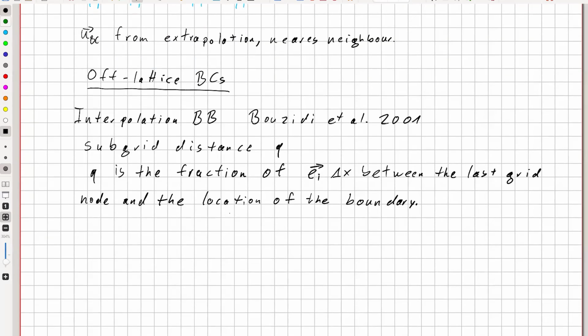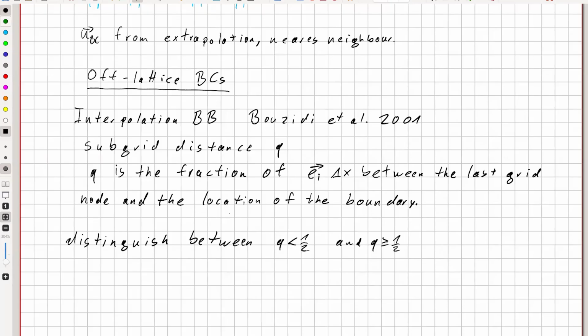So now in his method, he had to distinguish between two cases. Namely that q is smaller than 1/2, and q is larger or equal than 1/2.